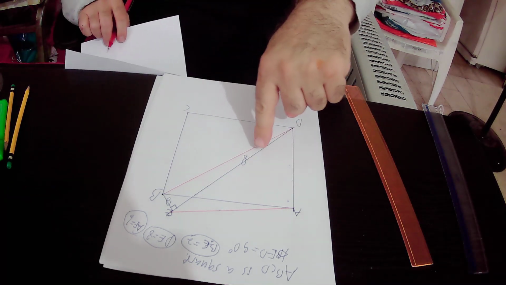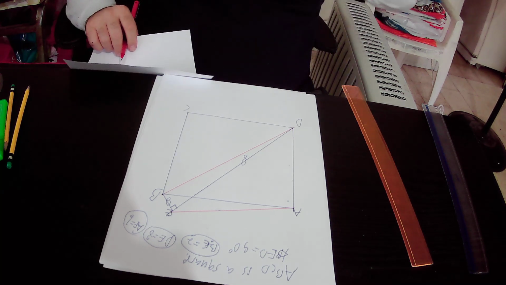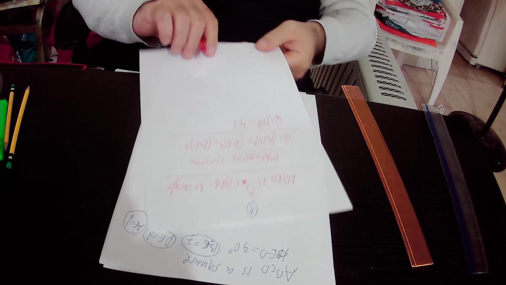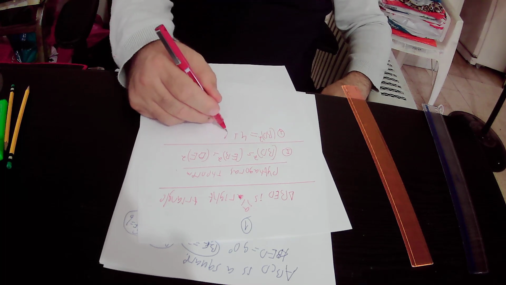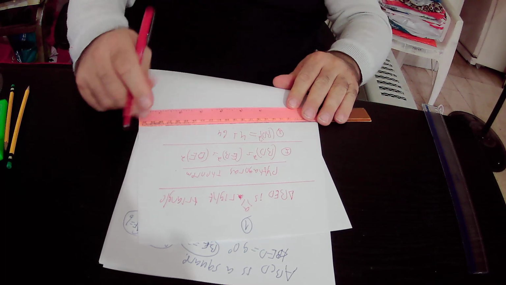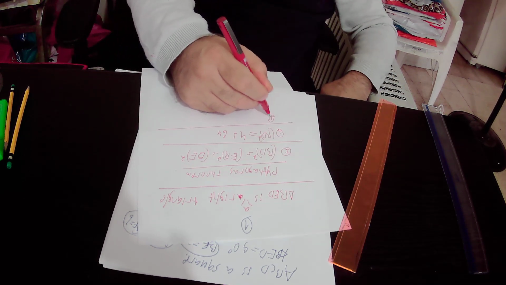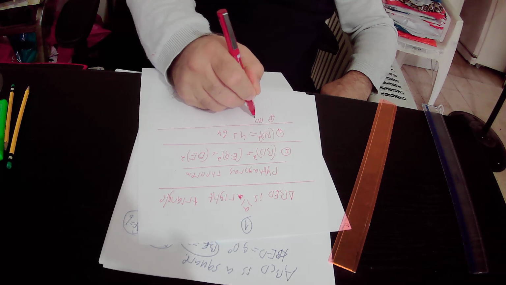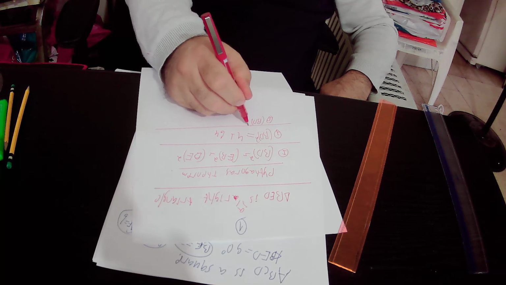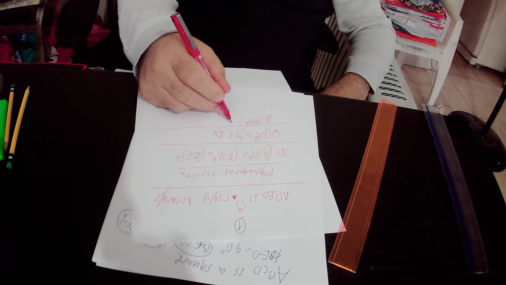DE equals 8 units, so DE square is 8 square, which is 64. In total, BD square equals 64 plus 4, which is 68.